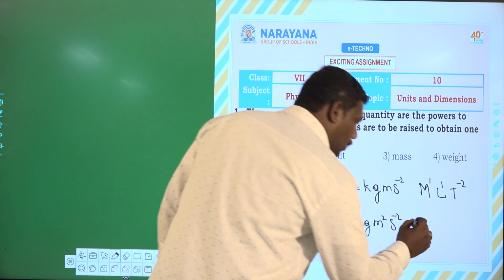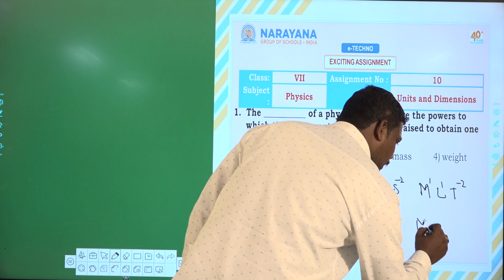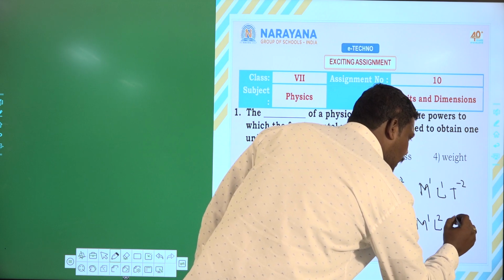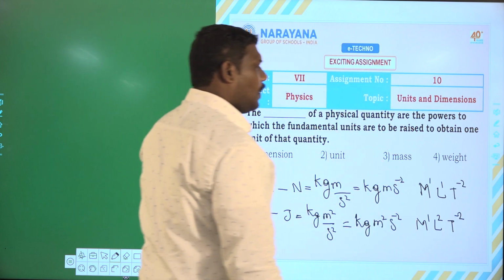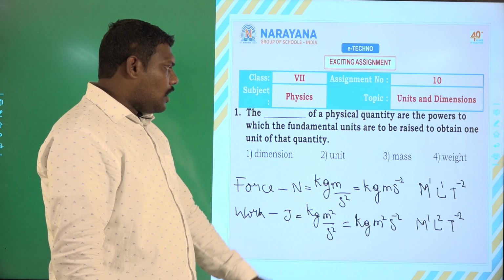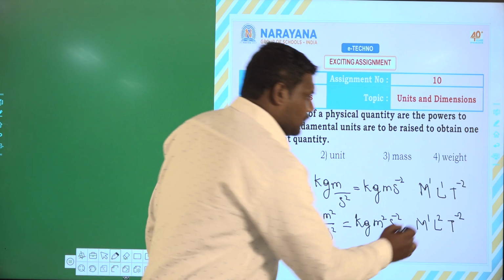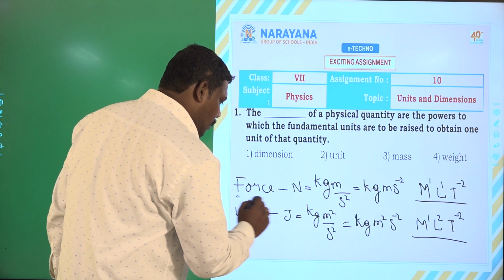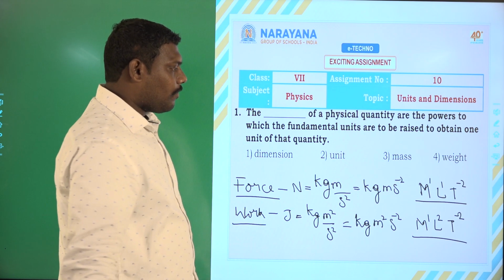Its dimension formula will be M power 1 L power 2 T power minus 2. Now here, by seeing these two examples, you can say that the dimensions of the physical quantity force or work, right?